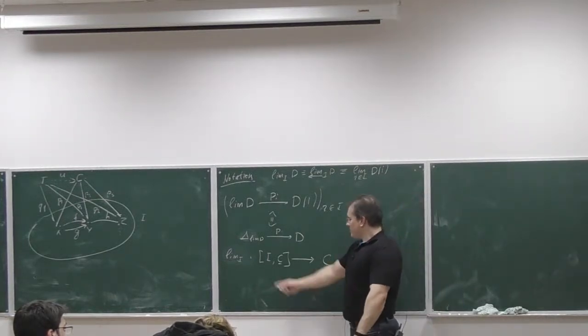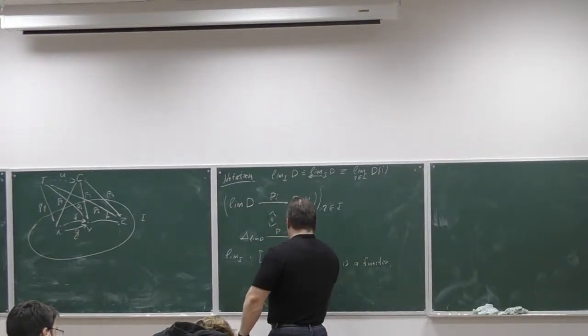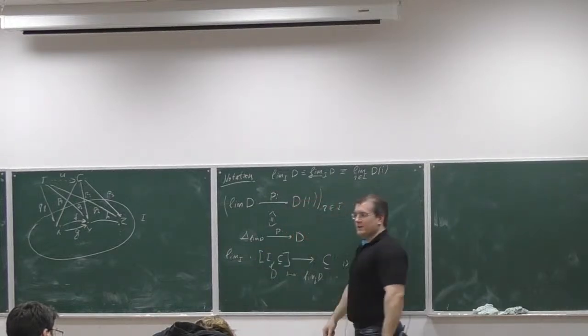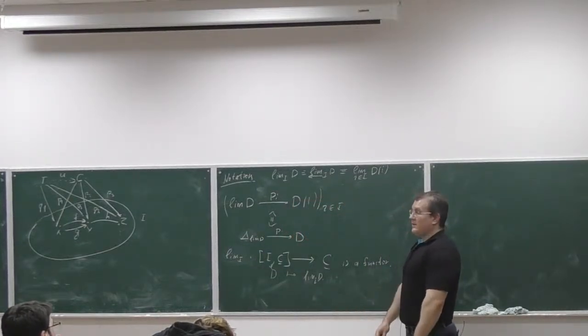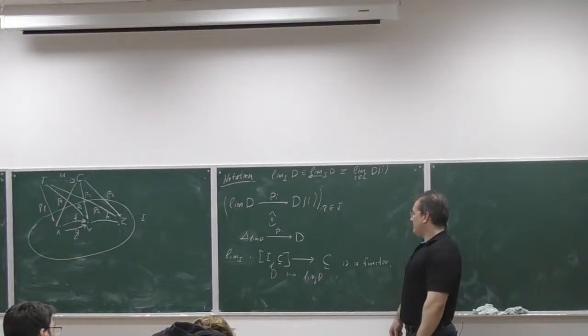No, from the category of functors, so D lives here, and D is mapped to the limit. Unique after a unique isomorphism, as usual. Well, sure.